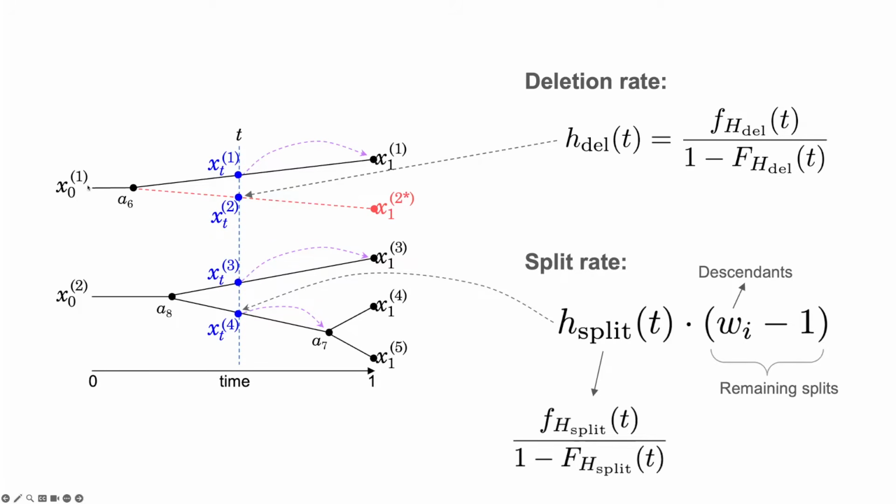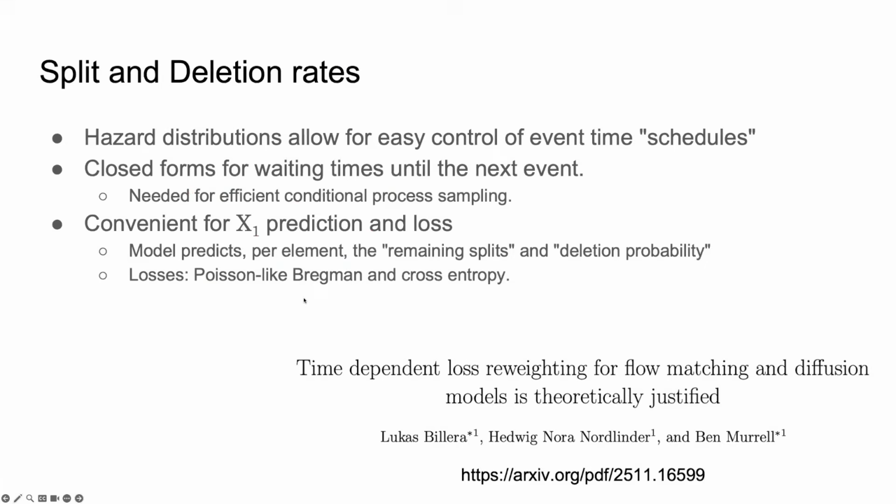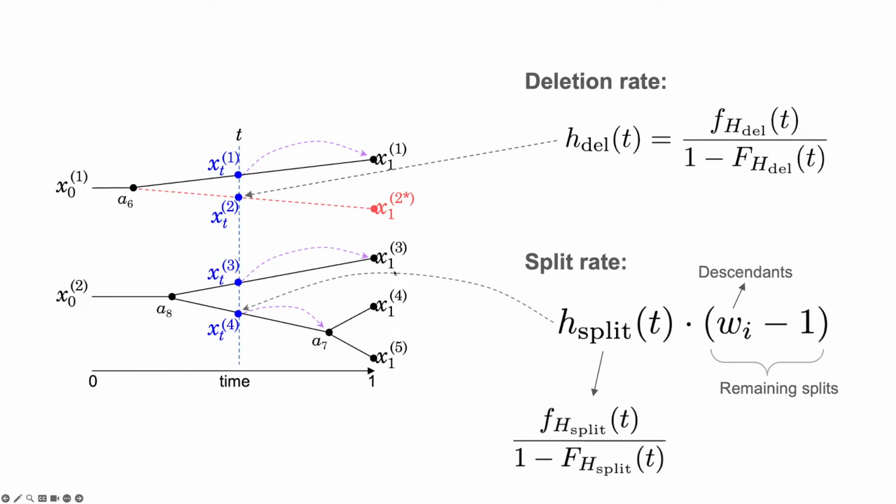So basically, it guarantees that you'll always have split the right number of times according to the tree and deleted everything that was to be deleted by the time you get to one. So the tree process plus these rates, plus the fact that you're drifting towards your anchors and your anchors on terminal branches are equal to your state values, means that you guarantee that your x0 sequence will become your x1 sequence when time equals 1.